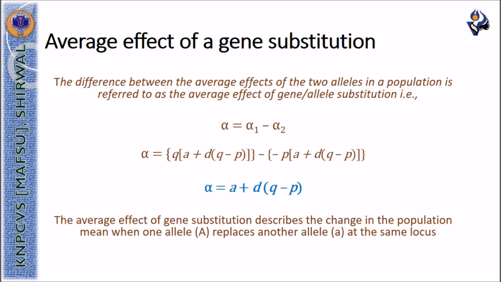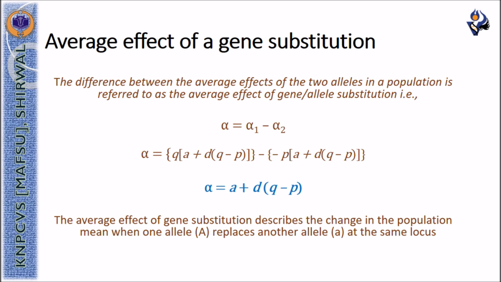The average effect of a gene substitution is taken as the difference between the average effects of the two alleles in a population, which is calculated by the formula alpha 1 minus alpha 2.